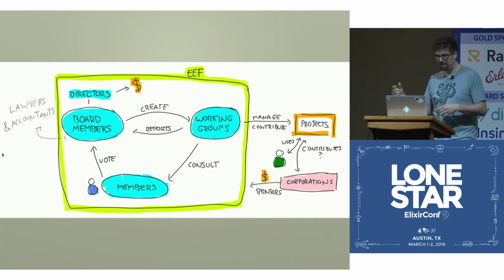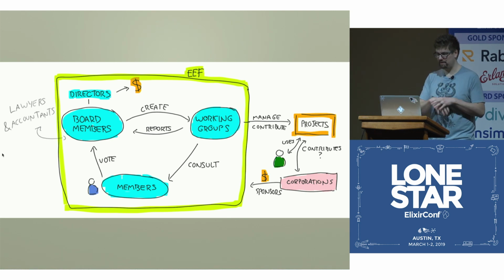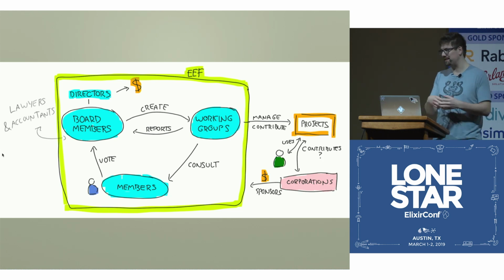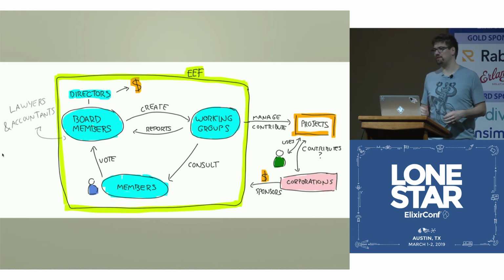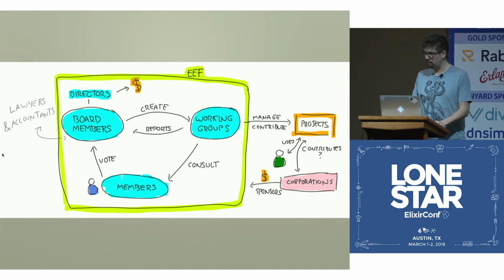Money comes in from sponsors and corporations to the foundation, and then the board comes up with projects for the working groups to work on, and then it collaborates and captures results. It's a great way to support the community. If you're an organization that wants to get involved but doesn't know where to send financial resources, this is a great way to contribute them.